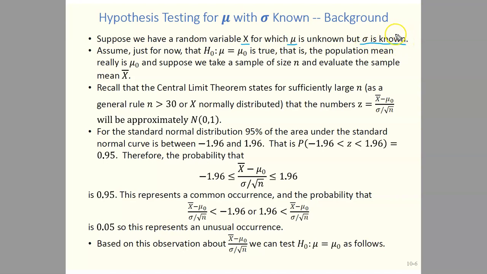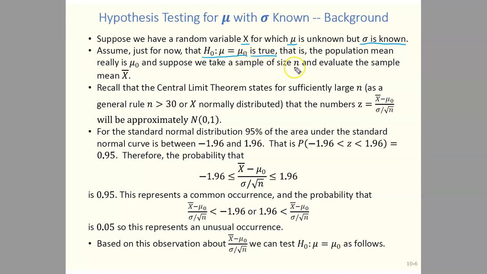But for right now, just assume it is known. Now, we want to test this null hypothesis that the mean, mu, is equal to some conjectured number, mu naught. Now what we're going to do temporarily here is assume that this really is true, just for the time being.